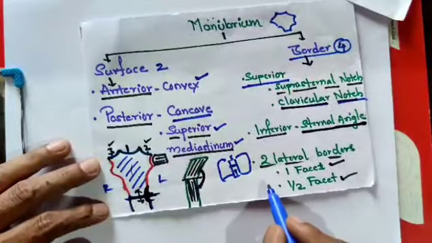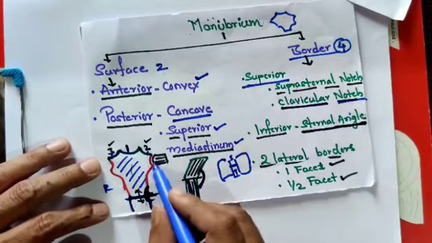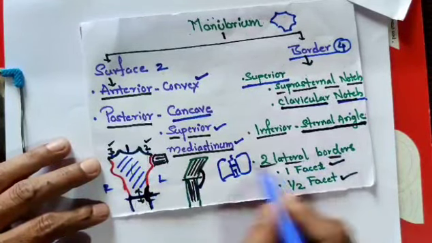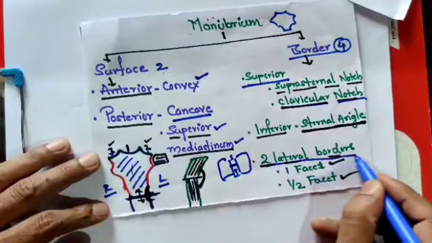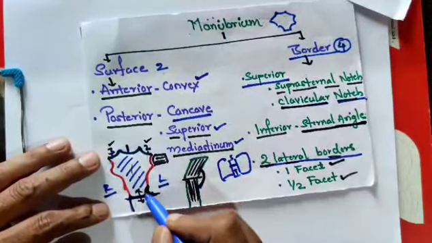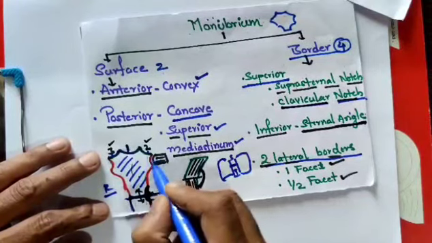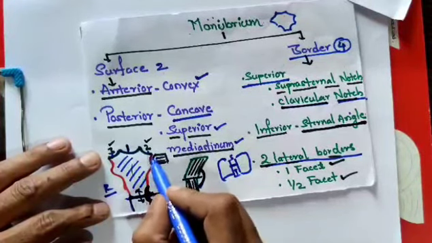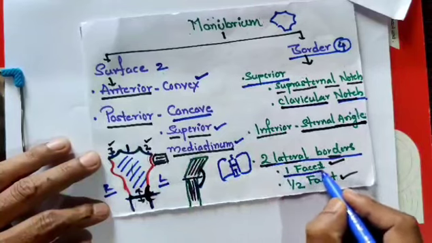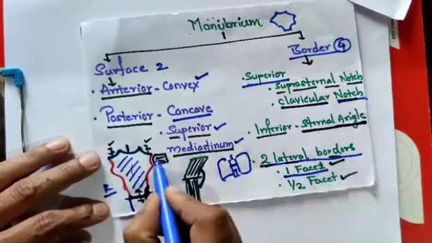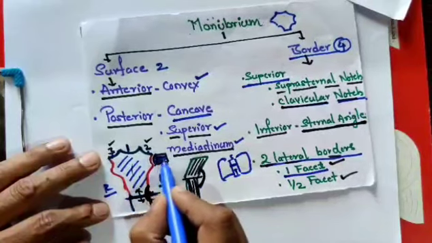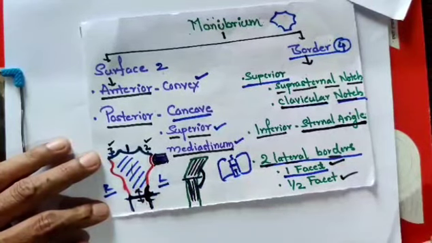And next we are going to discuss the lateral borders. One is the right lateral border, another one is the left lateral border. This lateral border is further divided into two parts, upper part and lower part. In the upper part, it presents one complete circular articular facet which articulates with the first costal cartilage.